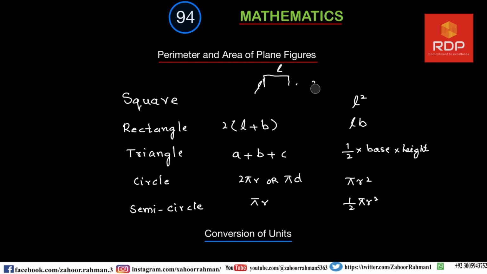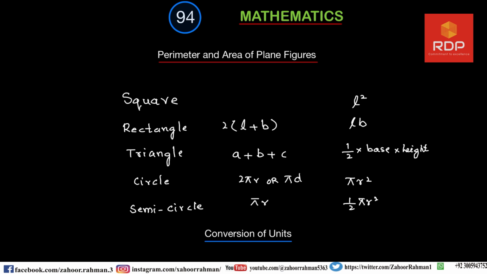Remember that perimeter is in simple unit, and that is centimeter or meter or millimeter or kilometer. But the area is always denoted in squares. For example, centimeter square, millimeter squares, kilometer squares, etc.